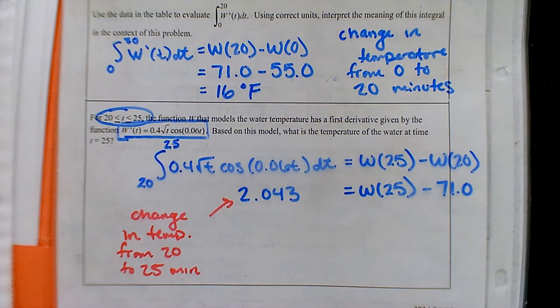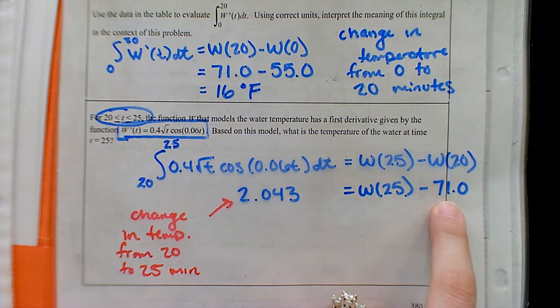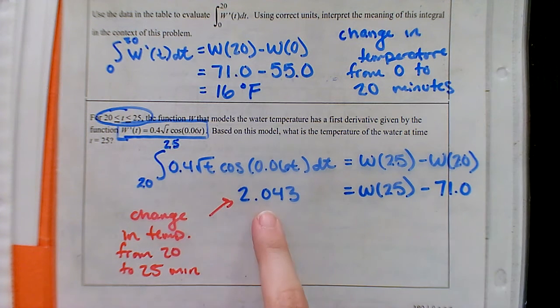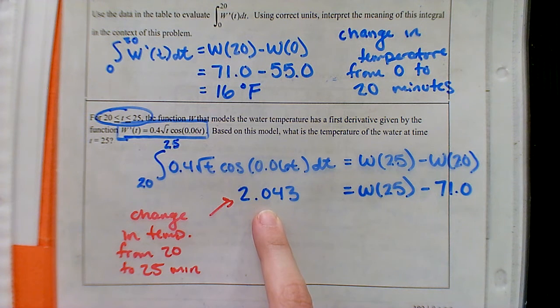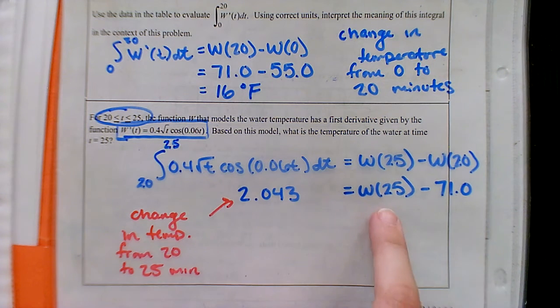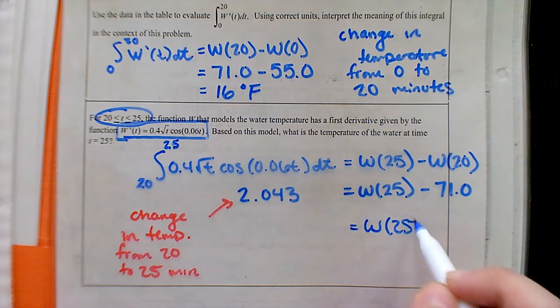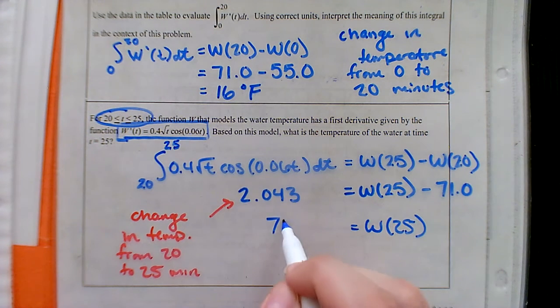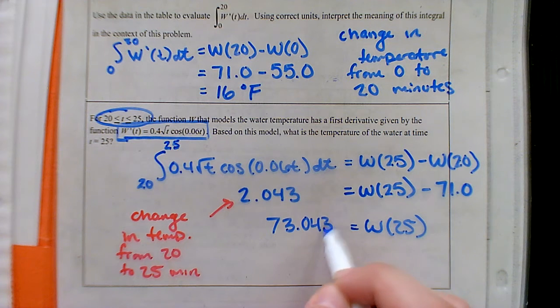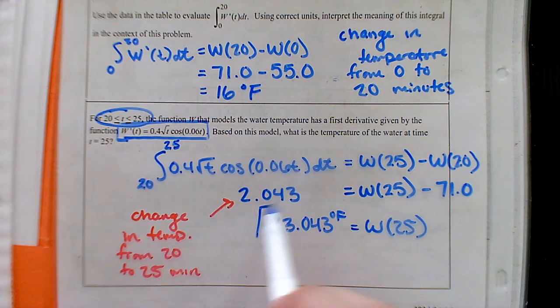All right? So if you know some starting value, like W of 20, we know that's 71, and you know the amount of change from 20 to 25 minutes, we should be able to figure out where we are at the end of 25 minutes. So adding over the 71, looks like 73.043 degrees Fahrenheit.